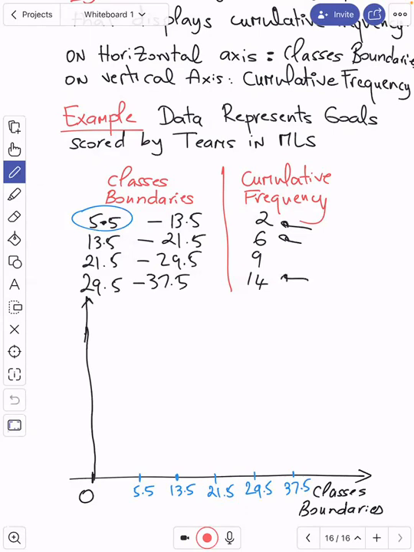So the largest number we're gonna need is 14. Here somewhere is 2, here somewhere is going to be 6, and right here at the top is going to be 14. So this vertical axis represents the cumulative frequency.